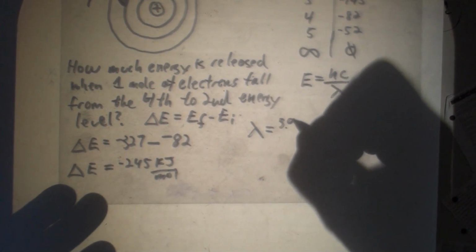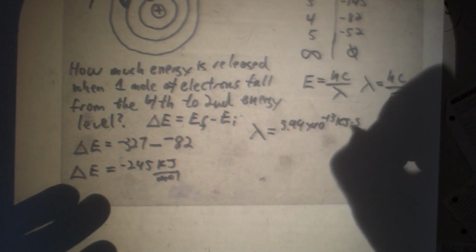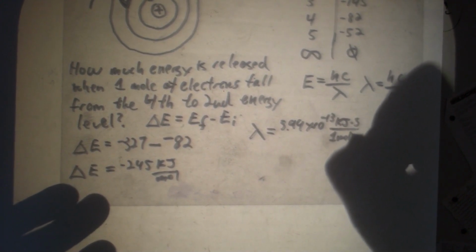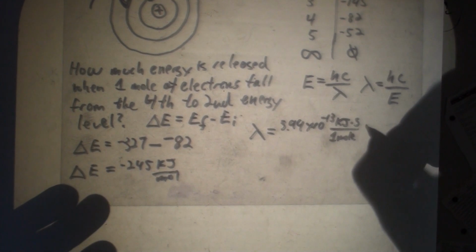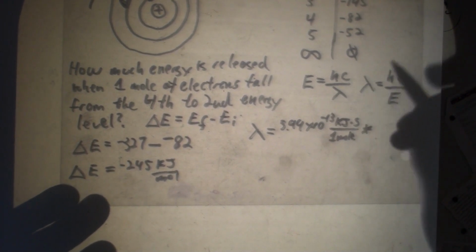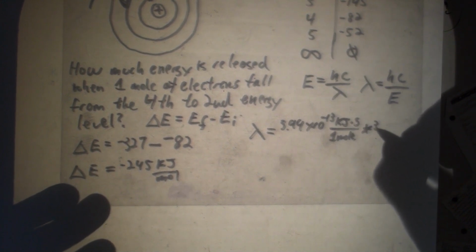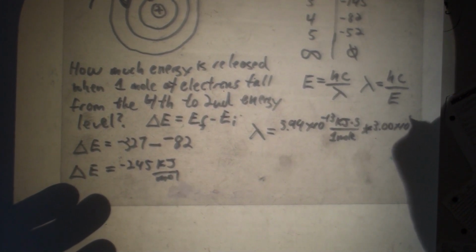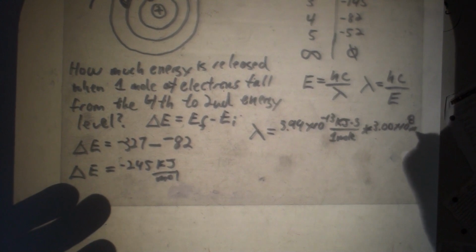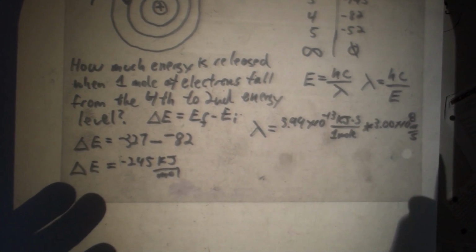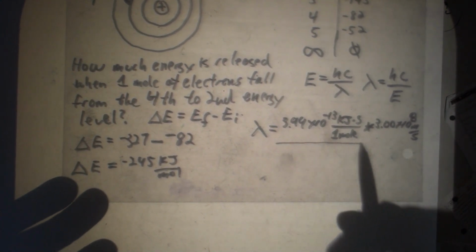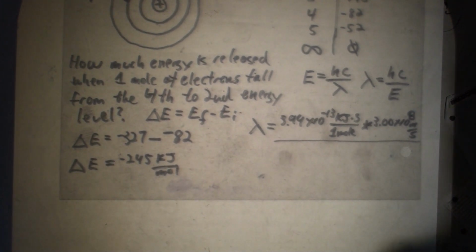So 3.99 times 10 to the negative 13th kilojoules times seconds per 1 mole. Multiply that by C, which is the speed of light. And then we're going to divide it by the energy.